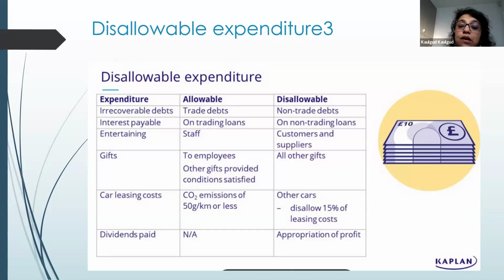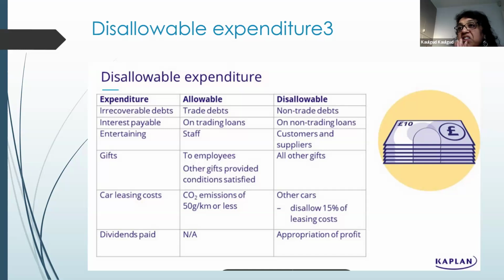The next one is car leasing cost. Sometimes cars are taken on lease or bought on lease. So what happens then? The CO2 emissions. When is it allowed? CO2 emissions of 50 grams per kilometer or less only. If you think about it, the less the carbon emission, the less harmful it is to the environment. All that we talk about, climate control and sustainability, so what is the government doing?